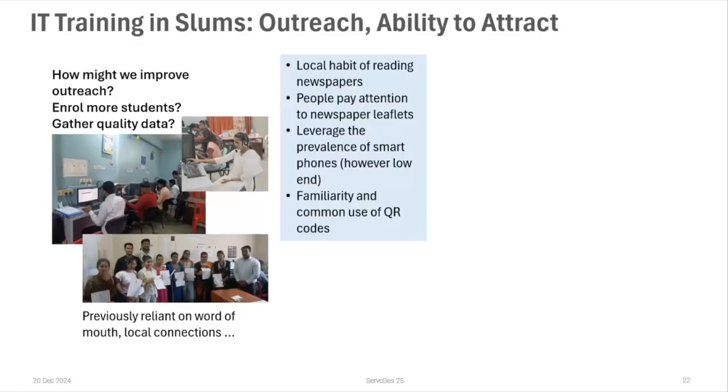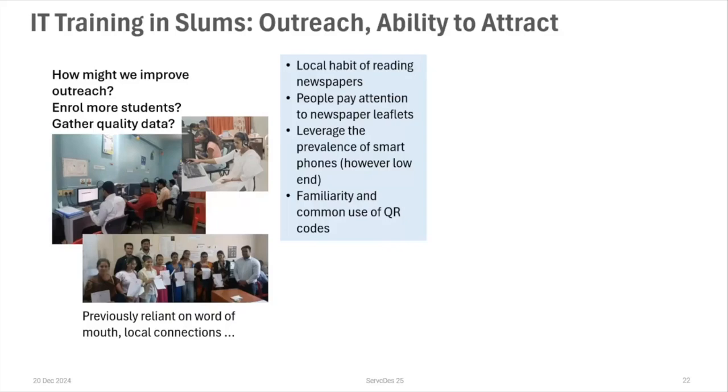And smartphones are quite prevalent in India. However low end, it is still a smartphone. And people are familiar with the use of QR codes. This is somewhat unique in India, because thanks to the Unified Payments Interface system, almost everybody is familiar with a QR code.